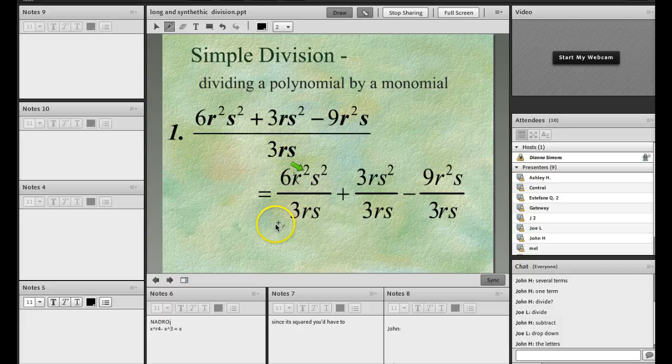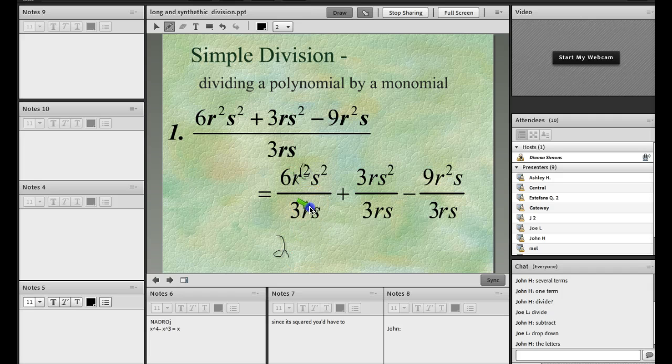Okay, so I'm going to do this one. We've all said we just divide the numbers. So 6 divided by 3 is 2. x to the fourth minus x cubed is x. I kind of have the right idea, and maybe this is what you're saying, but what you're looking at are the exponents, right?